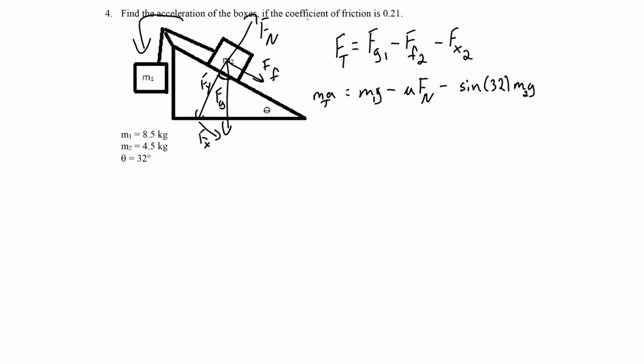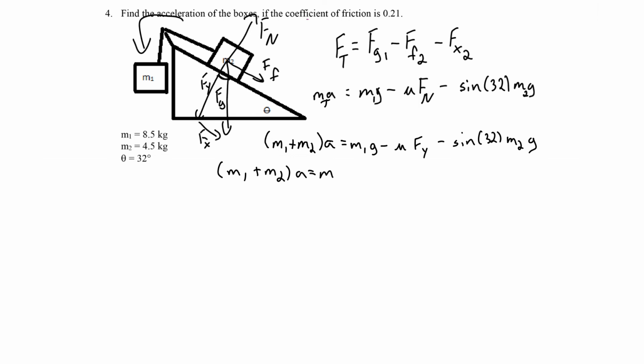So it's going to be M1 plus M2 times A equals M1 times G minus mu.